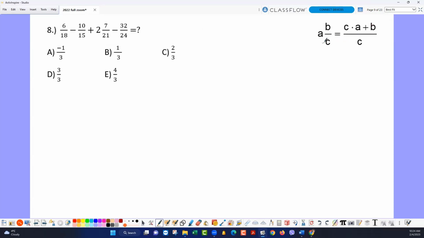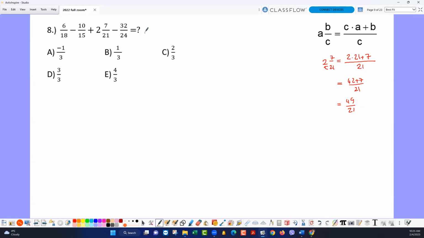Then you keep the denominator the same, which means if it is 2 and 7 over 21, this is going to be 2 times 21, then plus 7, and all over 21 again, which is equal to 42 plus 7 over 21, which is equal to 49 over 21.